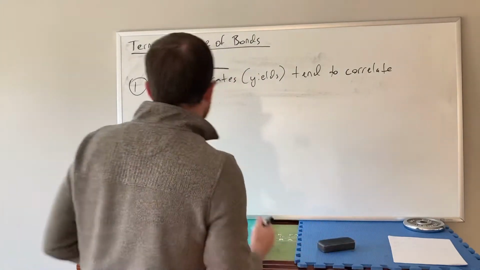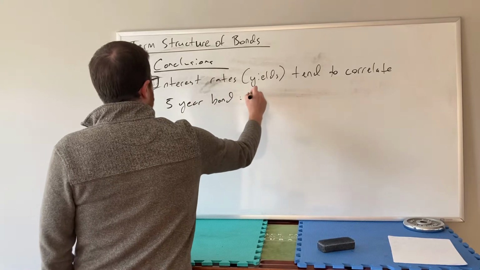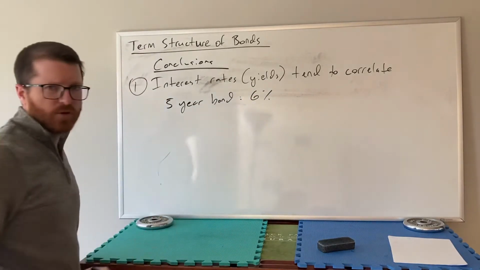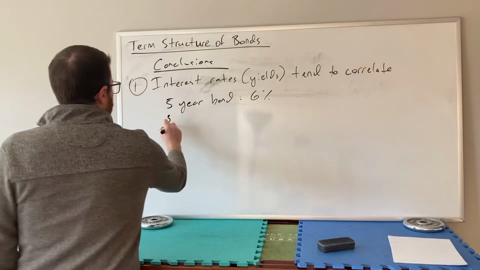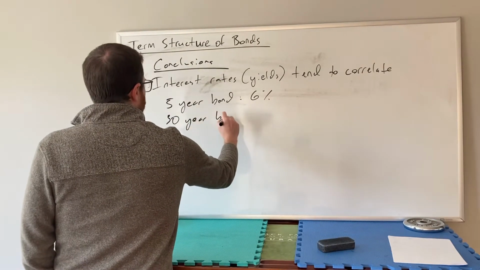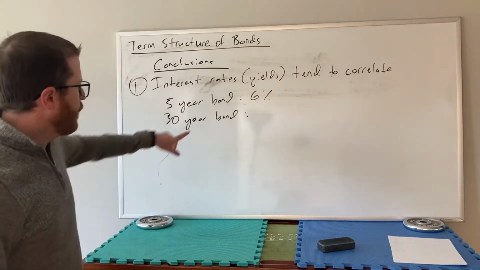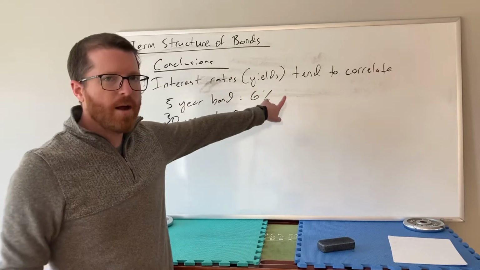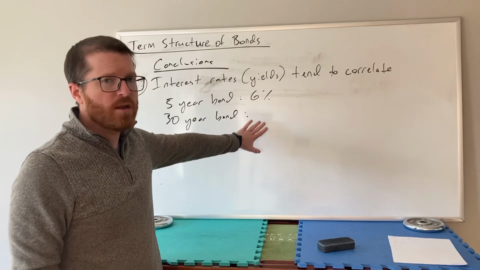So for example, if a 5-year bond has a 6% interest rate, if we hold everything else constant, that actually will tell us something about a 30-year bond, okay? In other words, if we know the interest rate on a 5-year bond, that is informative in determining the interest rate on a 30-year bond.